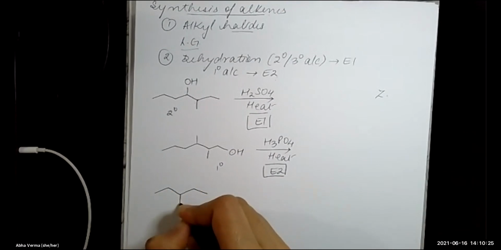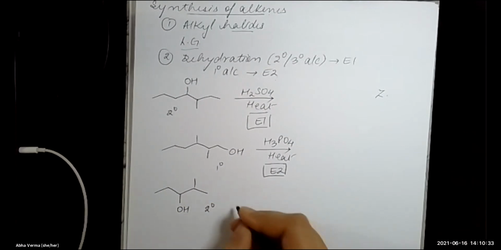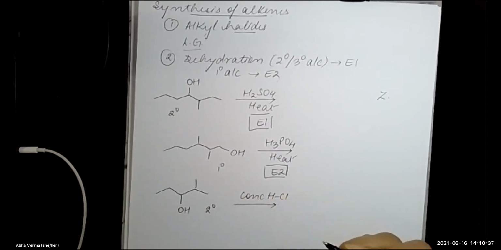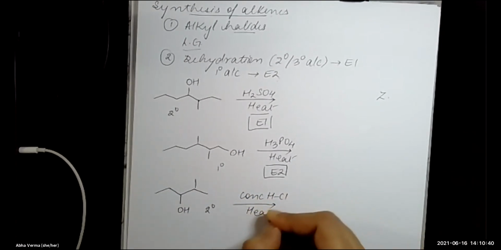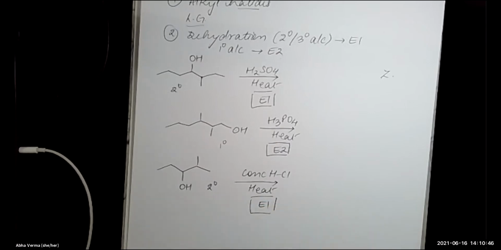Let's look at this one. What kind of alcohol is this? A secondary alcohol. If I'm using concentrated HCl and heat, what mechanism will run here now? E1.